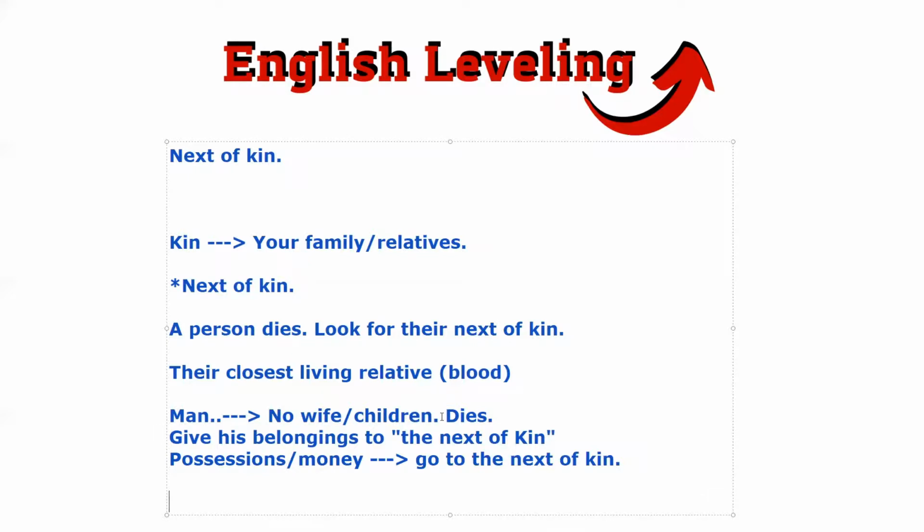So who are they looking for? Well, they might look for his parents. Let's say his parents are dead. Maybe they're going to look for his siblings. Well, if he has no siblings, his parents are dead, he doesn't have a wife, he doesn't have children, then they're still searching for somebody who's the closest relative.